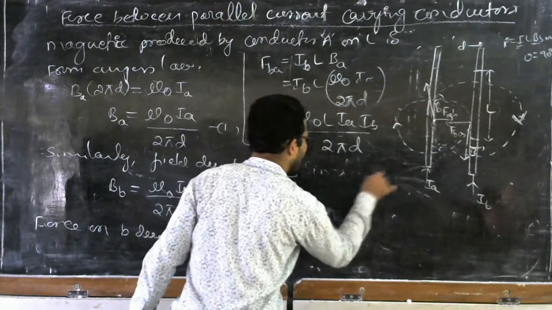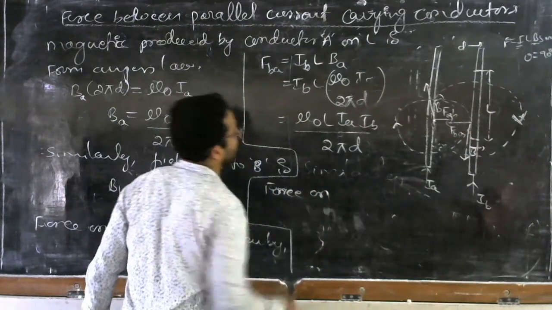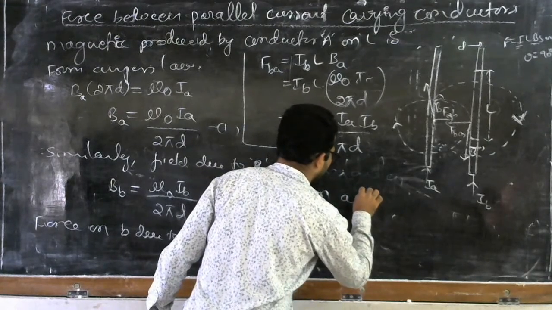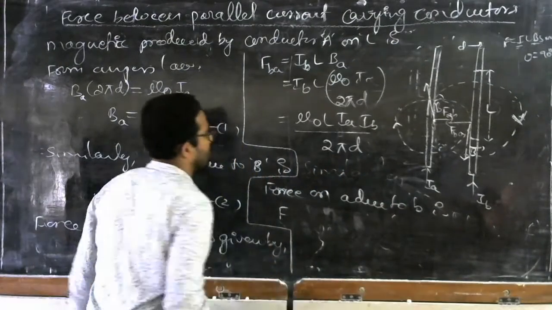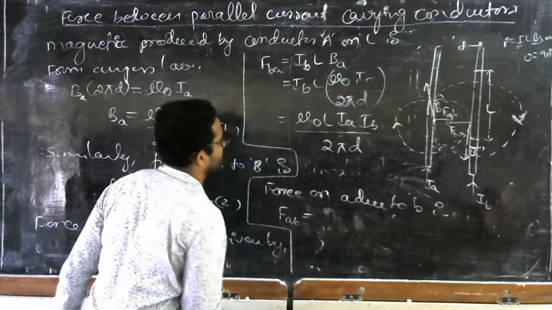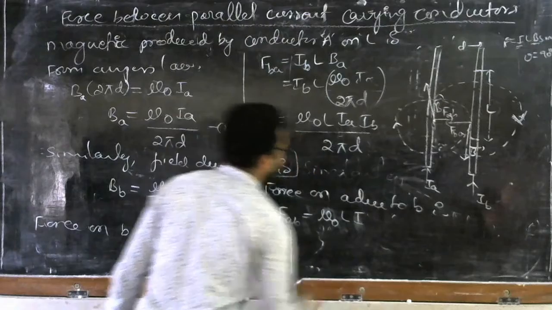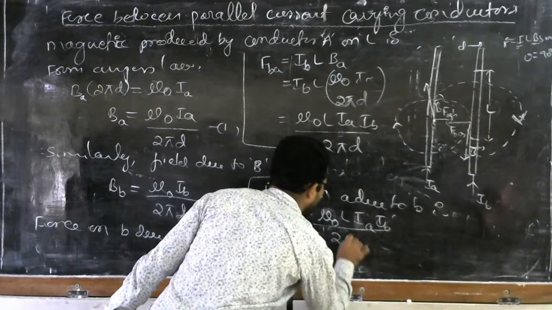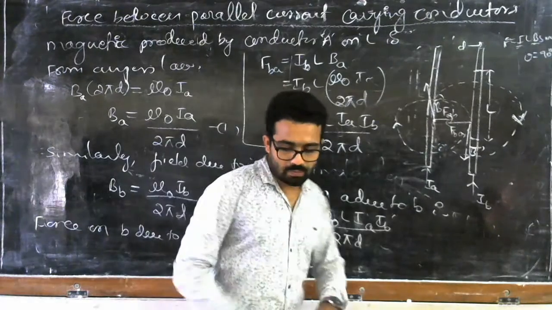Similarly, the force on A due to B, you have to follow the same procedure and you can write FAB is equal to mu naught L into IA IB divided by 2 pi d.